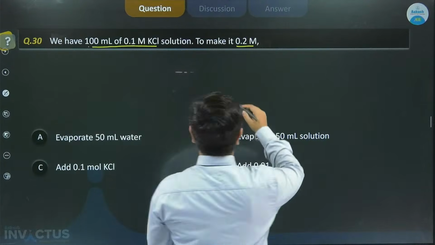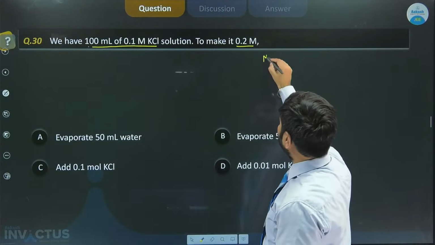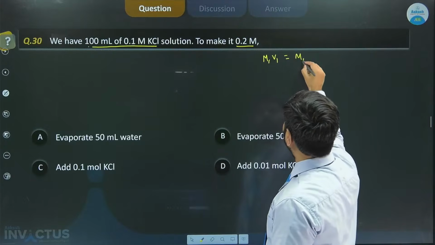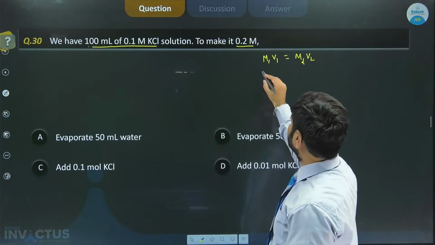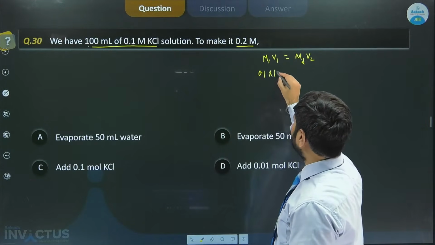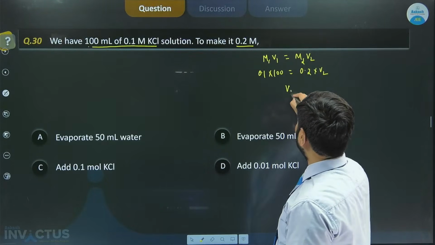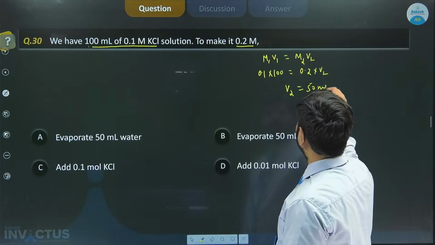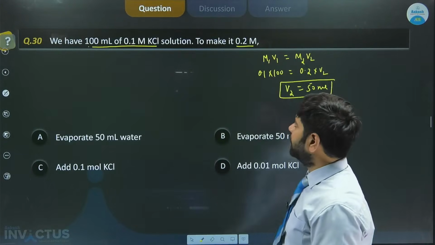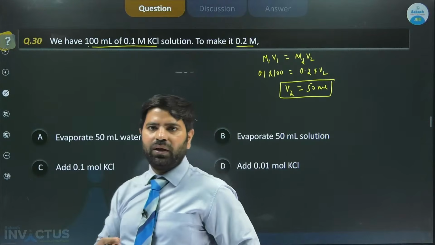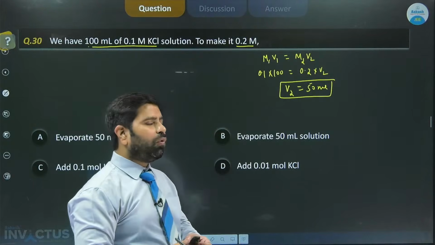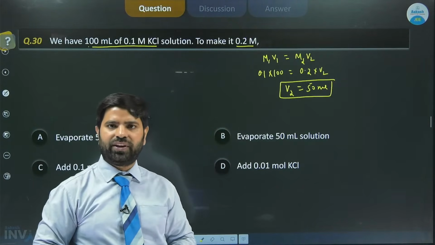So we can use the equation M1V1 equal to M2V2. M1 is 0.1 into 100 equal to 0.2 into V2, and V2 you calculate, it would be 50 ml. So to make it 0.2 molar, the volume of solution must be 50 ml.